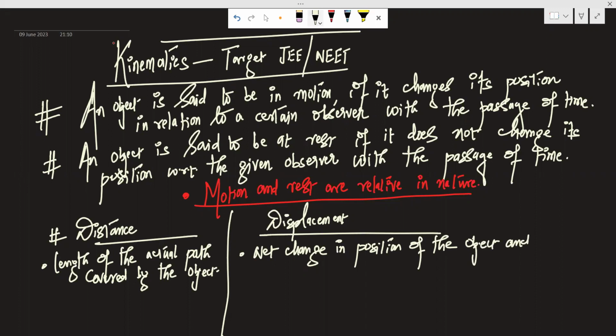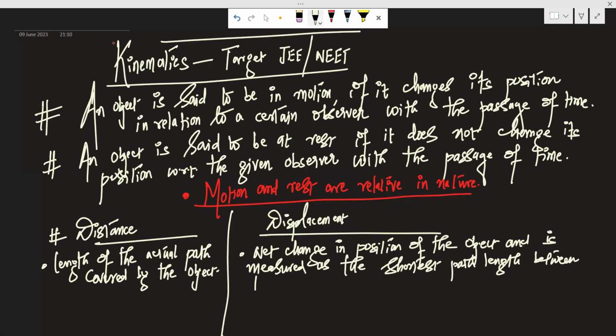And how do we measure displacement? It is measured as the shortest path length between the given positions in a certain direction.